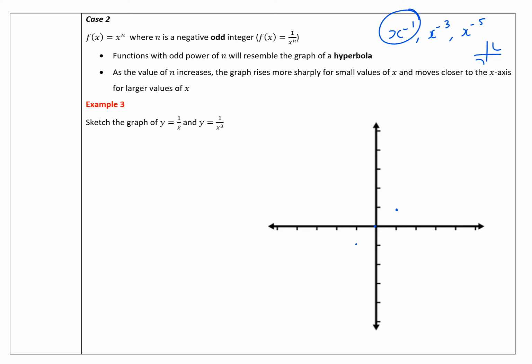Let's look at y equals 1 over x with a number like 2. Clearly, my y1 is going to be equal to a half when I sub in 2 for x. My y2, on the other hand, if I sub in 2, will be 1 over 2 cubed, or 1/8.